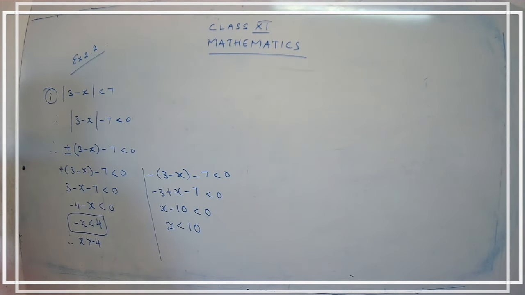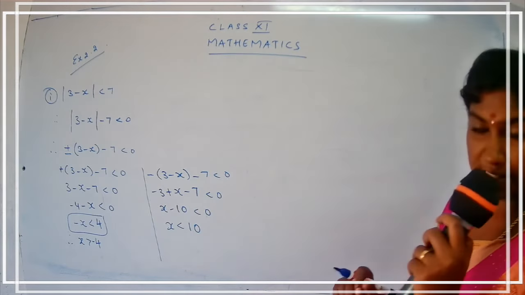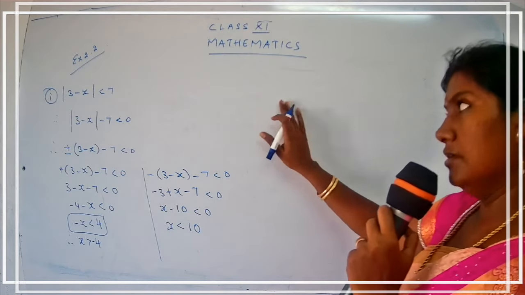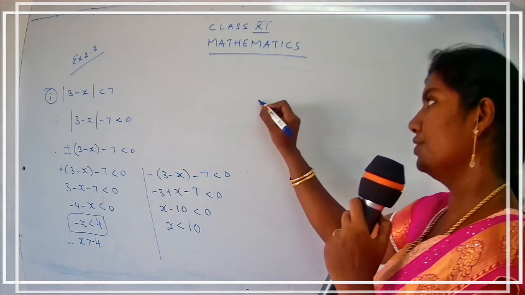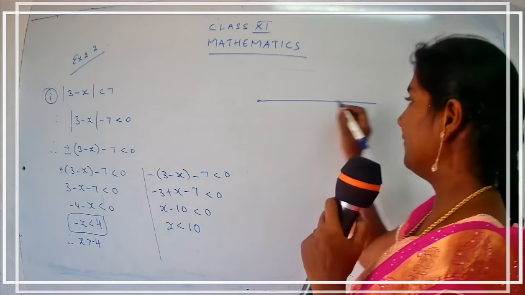So now the question is solve for x. Now we have to arrange this in a proper interval. Let me arrange this in a proper interval. Take your scale and pencil; this is just for your reference, children. This is the extra thing that we are doing, so no need to mention it every time. Just understand the concept. Suppose we have a number line.